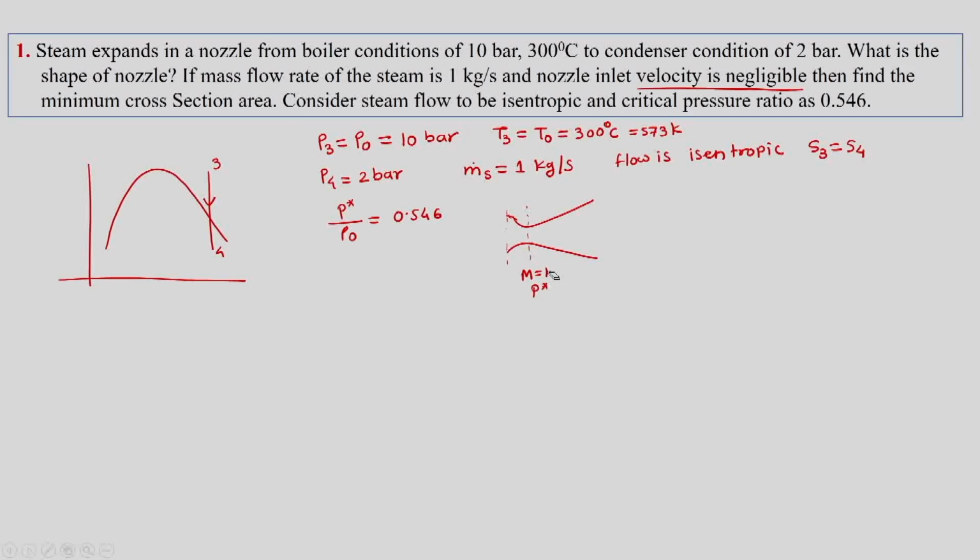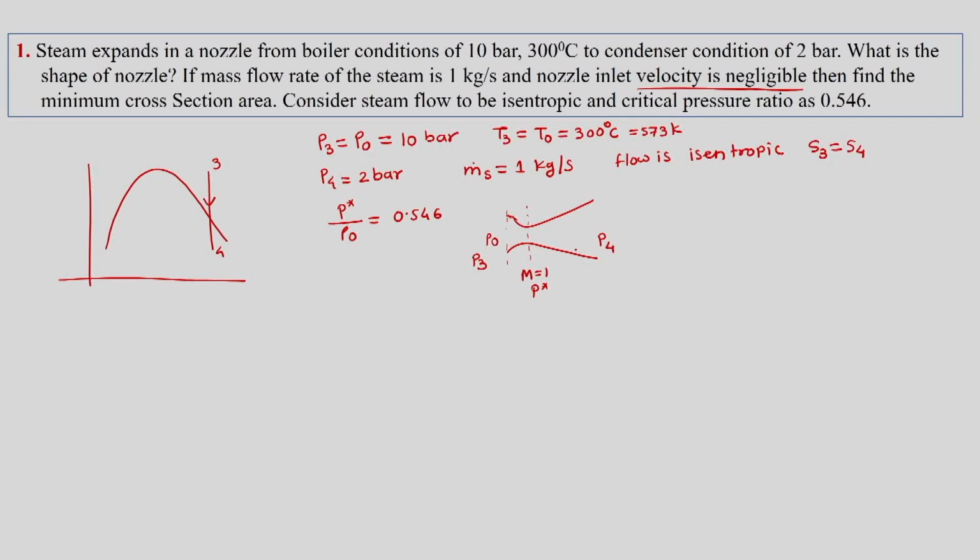Then we will have the flow expanding from P naught to P star, but here the flow is expanding from P3 to P4, and now we are going to see if P star is less than P4, then we will not have expansion in a CD nozzle.